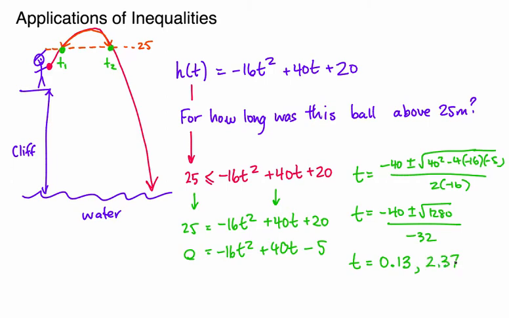So almost immediately after I throw it, about a tenth of a second after I throw it, it hits that 25 meter mark, and it stays above that until almost 2.5 seconds. And of course, how long the ball was above that is the difference between these.